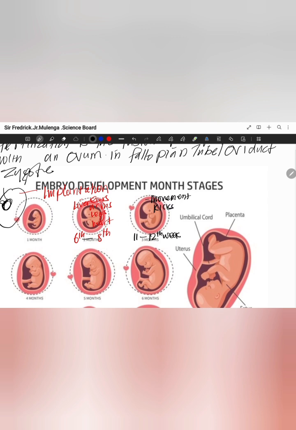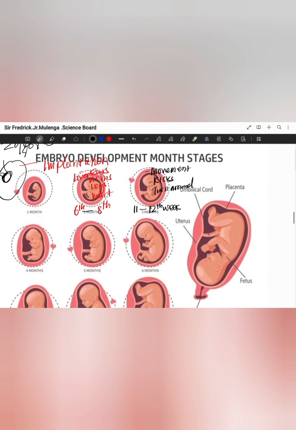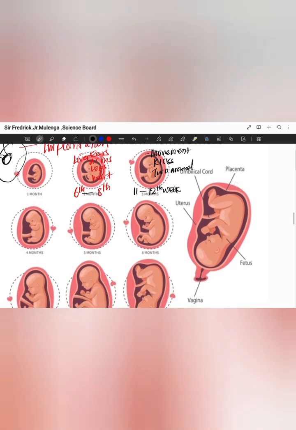It might even start training boxing there. It can also turn around. These are some of the noticeable developments in the third month, or in weeks 11 to 12. So the development continues.